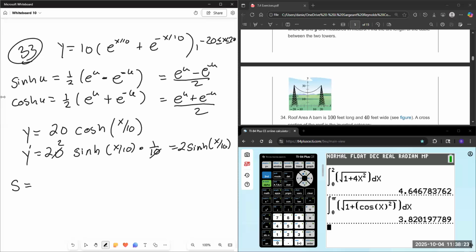So let's go ahead and look here at our integral.